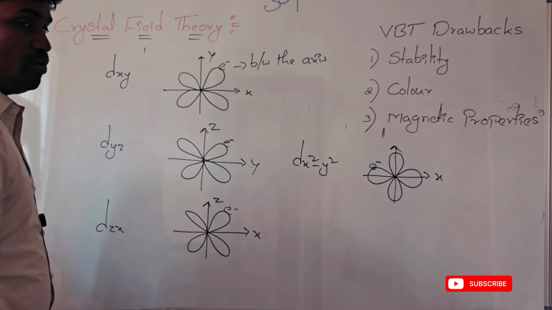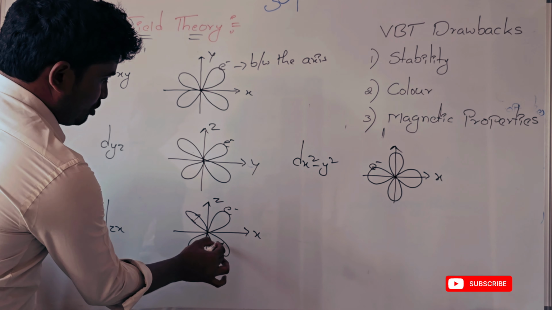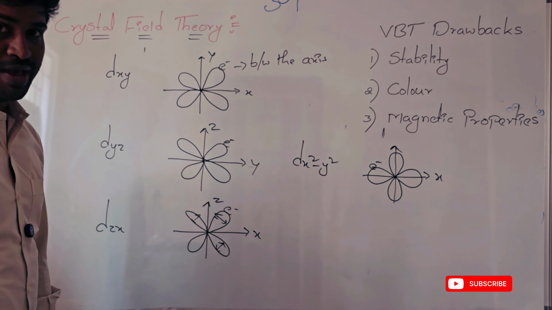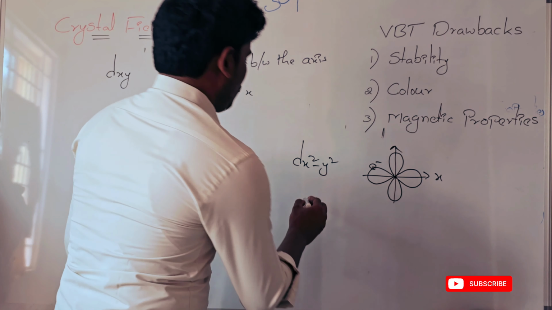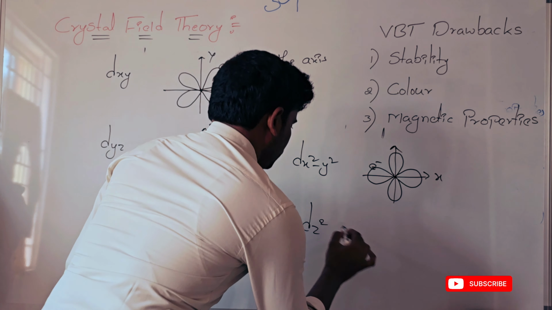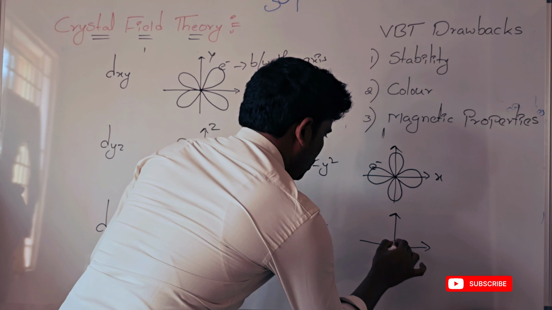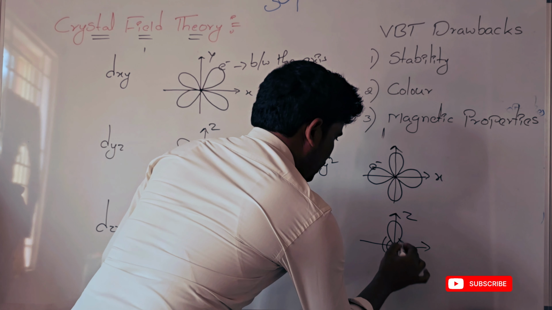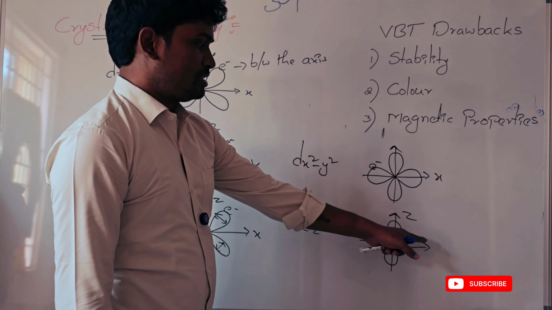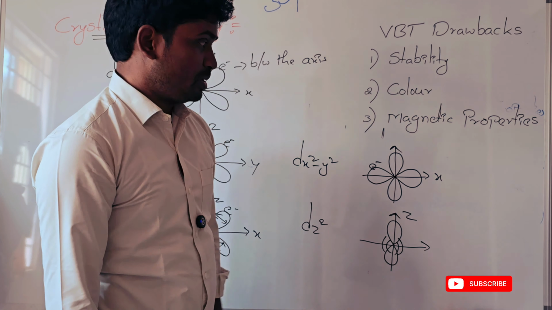This area is a node. In this area, the probability of finding electron density is maximum. Next is dz square. In dz square, electron density is present only along the z-axis. This indicates that along the remaining two axes, electron density is 0.